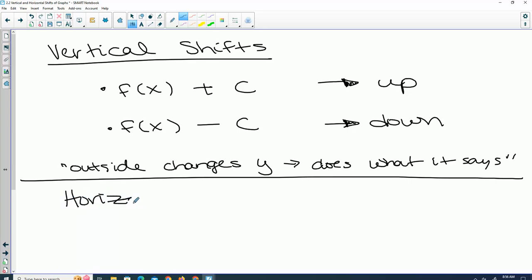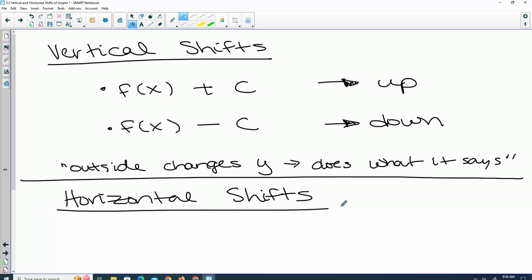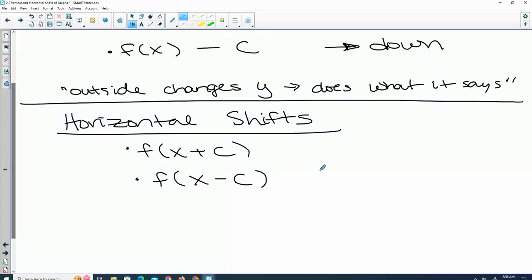Horizontal shifts happen inside our function. So it's under the square root or inside the parenthesis. And these actually do the opposite of what you think. So when you add to your x value, it will move it to the left in the negative direction.